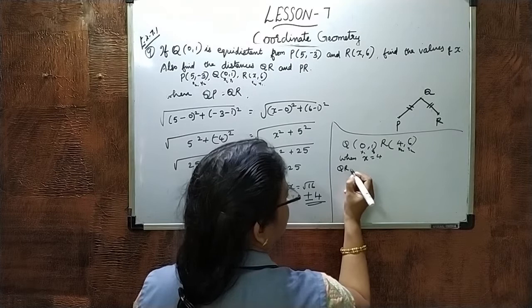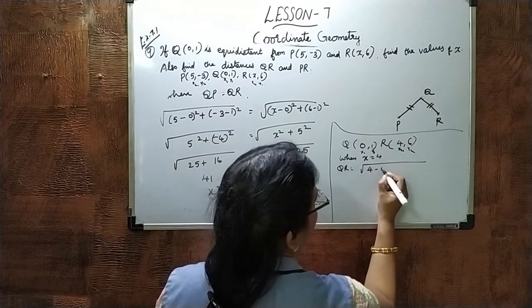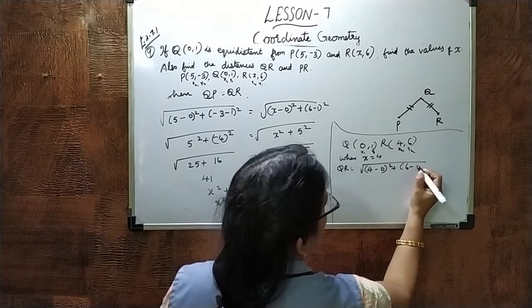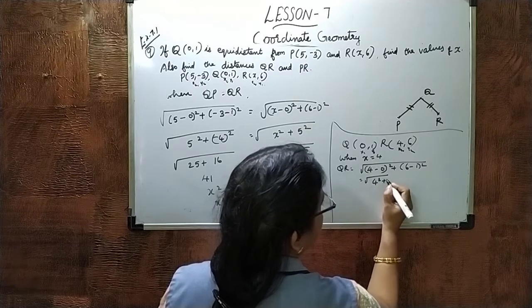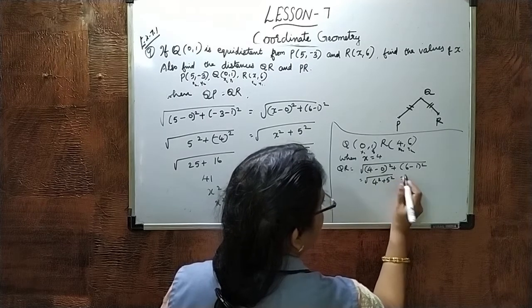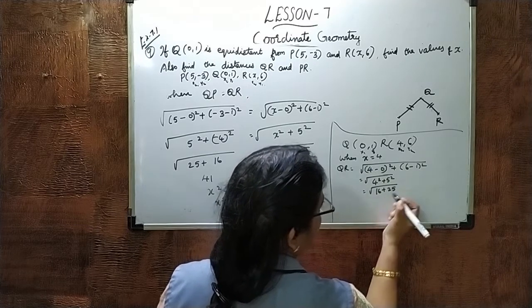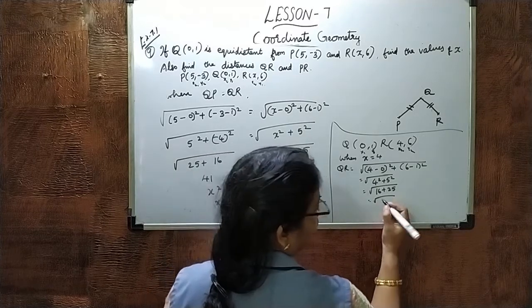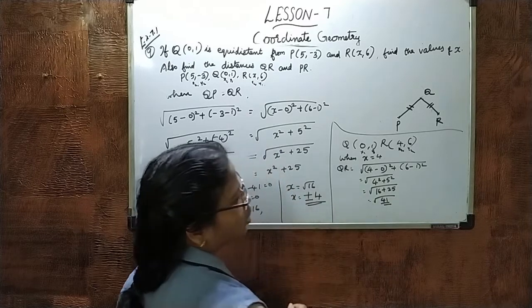So QR equals root of 4 minus 0 the whole square plus 6 minus 1 the whole square. It will be 4 square plus 5 square. 4 square is 16 plus 25. 25 plus 10 is 35 plus 6 is 41. You got it.